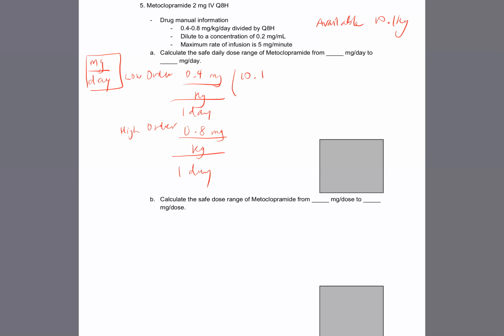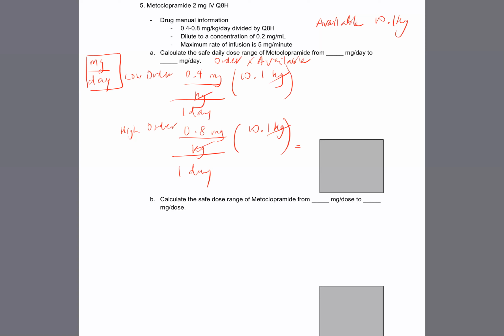Patient is 10.1 kilograms, because remember, we're still following our equation, order times available. Kilogram units will cancel, same for down here, kilogram units will cancel. And let's do some math.